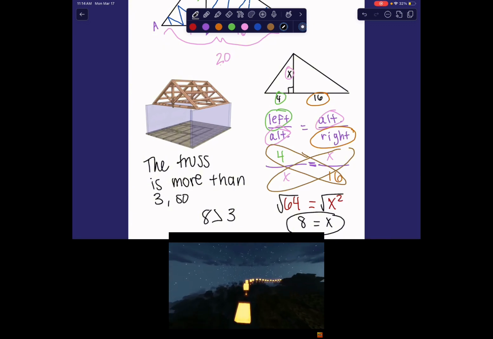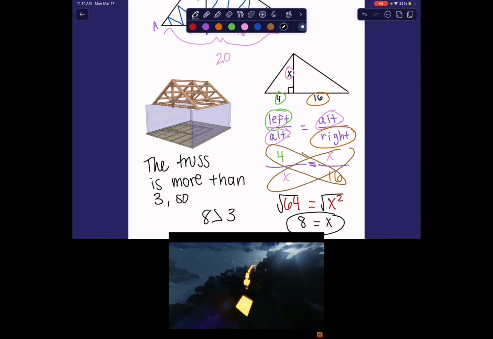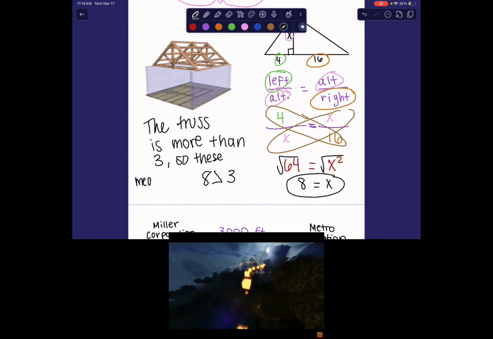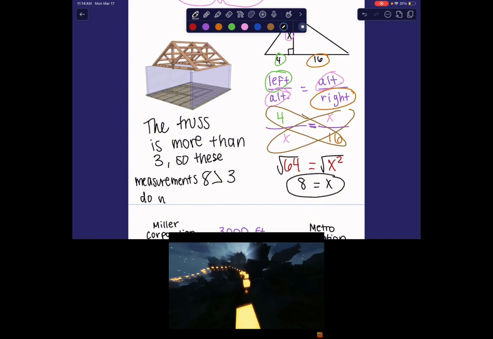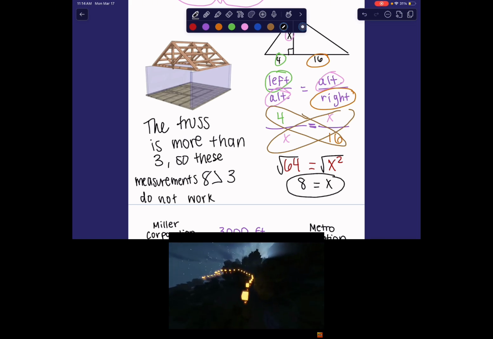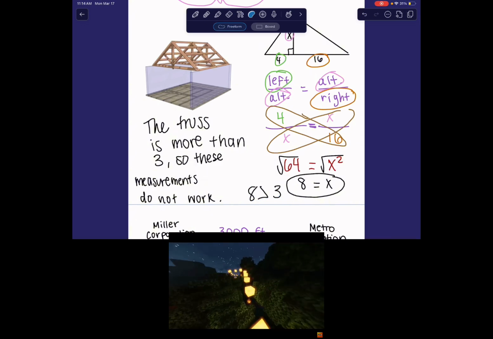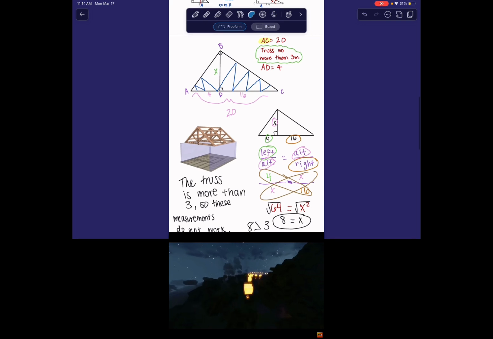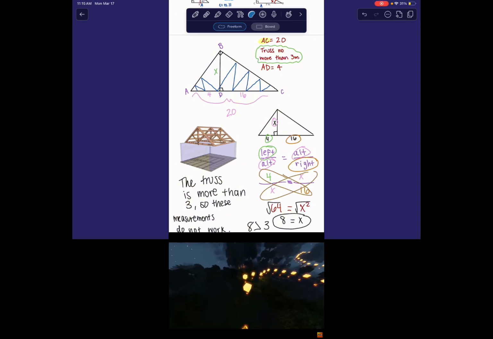So something about it not working, like these measurements do not work. I'll move this over here. I know that looks really messy, but I'm going to let y'all take this in. Maybe you can pause it and take a second, write it down, figure out what questions you have with it.